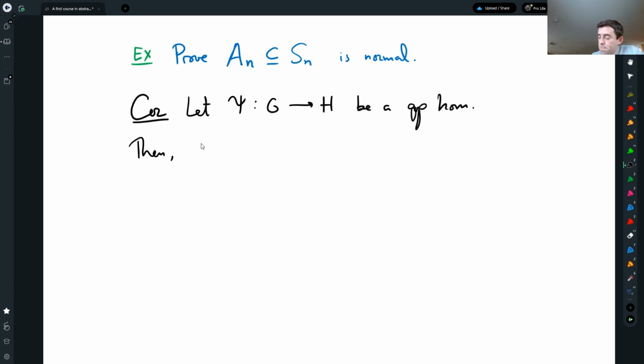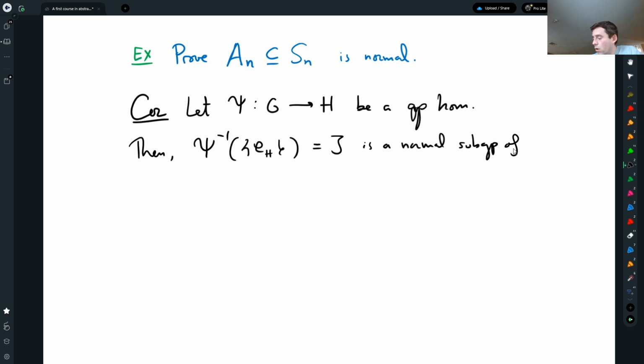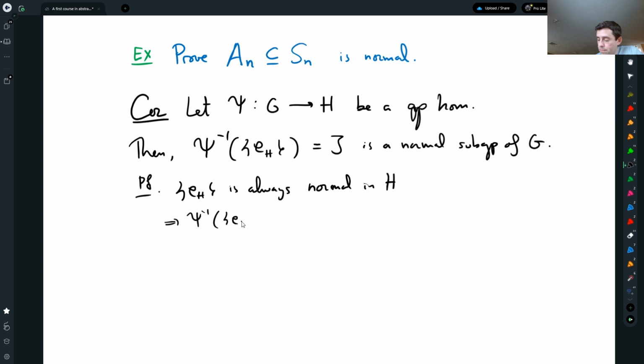Then psi inverse of the identity in H is a normal subgroup of G. That comes from the fact that the identity subgroup is always normal in H, and therefore the inverse image of a normal subgroup is normal in G. That's the entire proof.